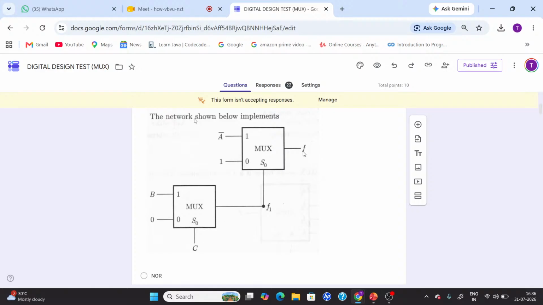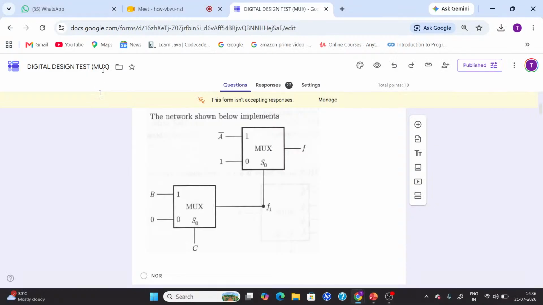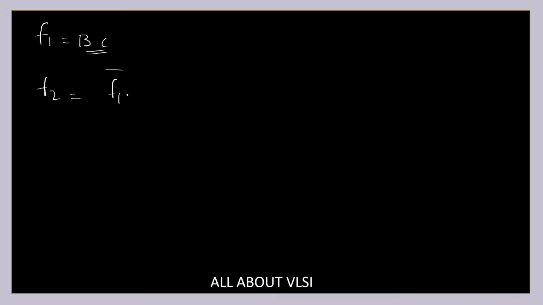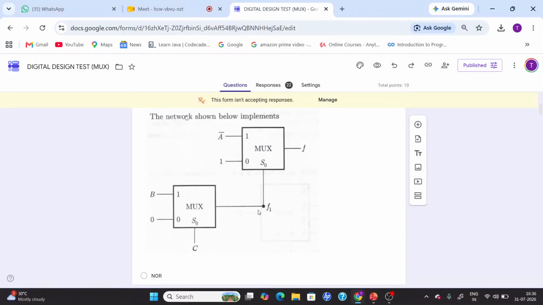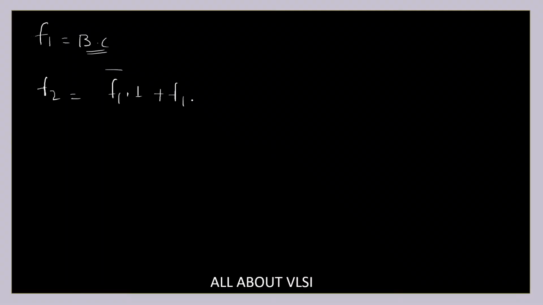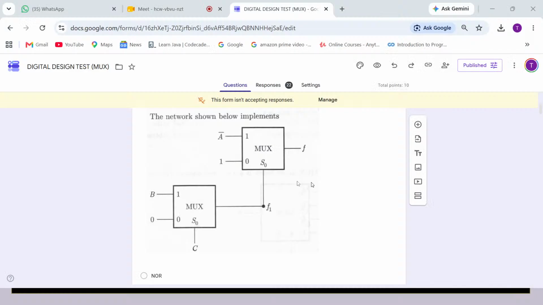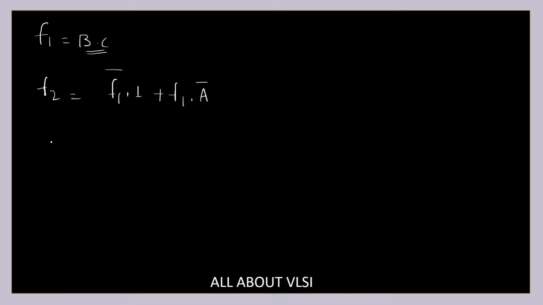And what about this F? F is nothing but A complement into F1 plus F1 complement into 1. So let me write down F2. F2 is equal to F1 complement into 1 plus F1 into A complement. This is what we have in the case of my F1.